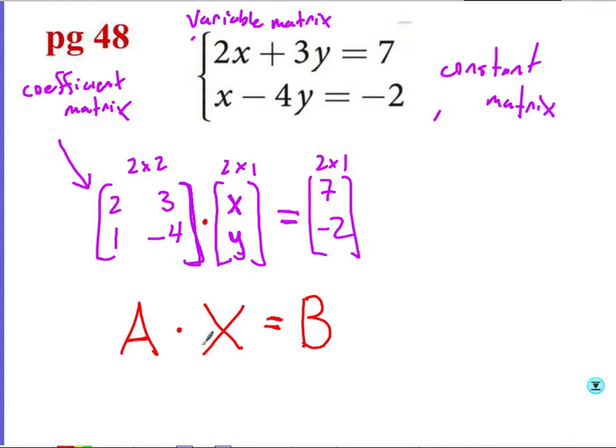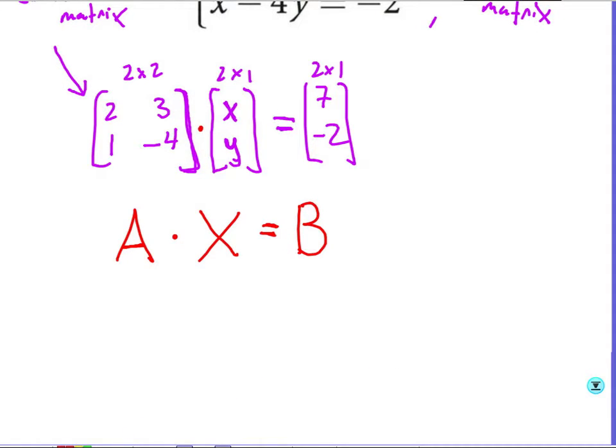So this is where the inverse matrix comes in. Instead of dividing both sides by A, what I'm going to do is multiply each side by the inverse of matrix A. So here's the inverse of matrix A times X is equal to the inverse of matrix A times B. As you can see, instead of dividing by A, I'm going to multiply by the inverse matrix of A on both sides.